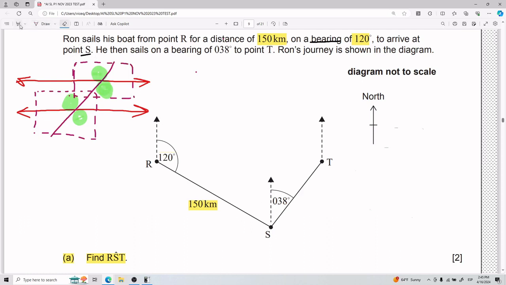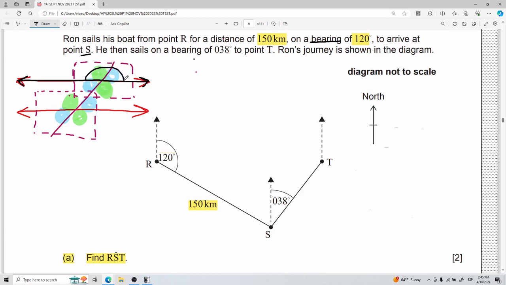And so with that in mind, technically this angle here is the same as this angle here, and this angle here is the same as this angle here. So all the blues are equal to each other, all the greens are equal to each other. And one more observation: how many degrees does a straight line have? A straight line has 180 degrees.